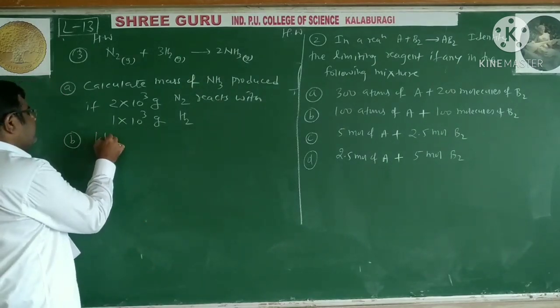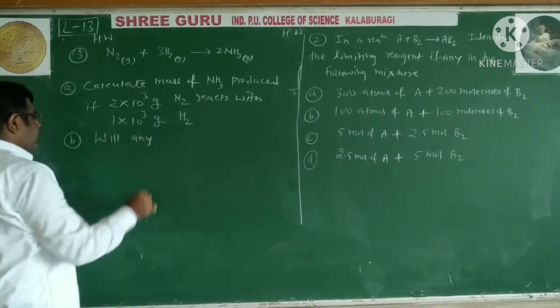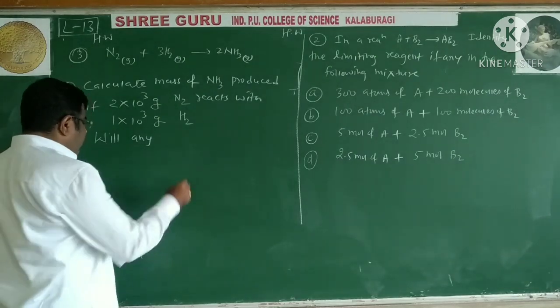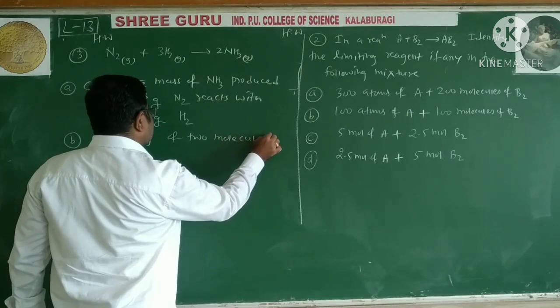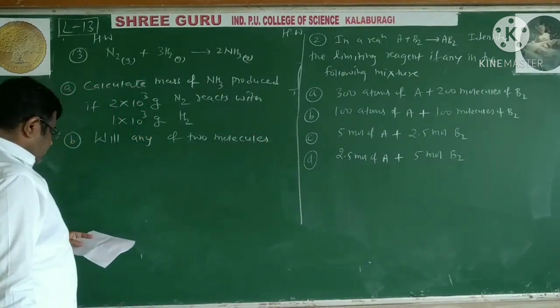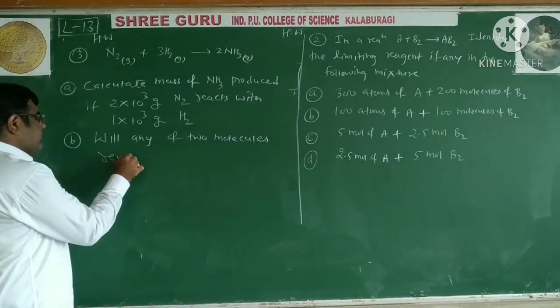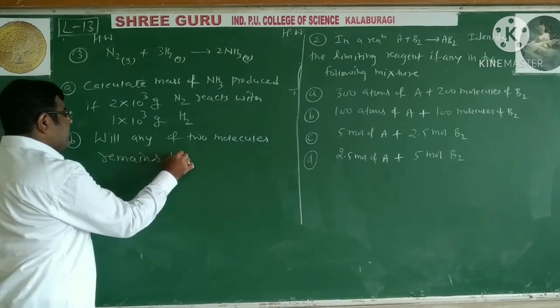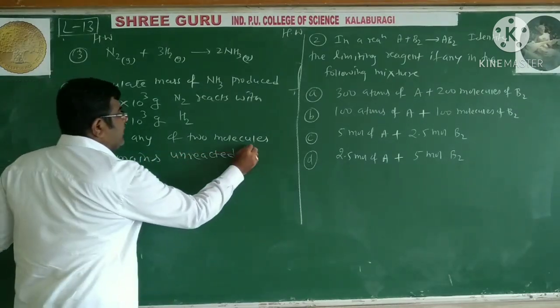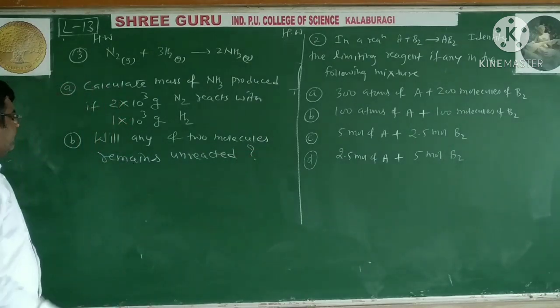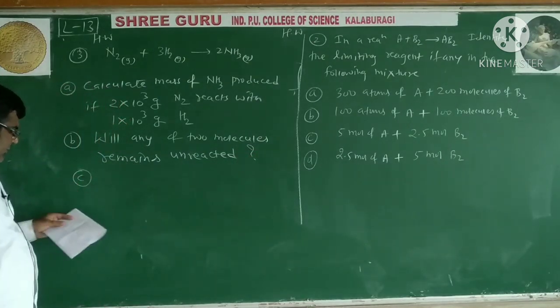Will any of the two reactants remain unreacted? Means if there is one in excess and one limiting reagent here, that you have to identify.